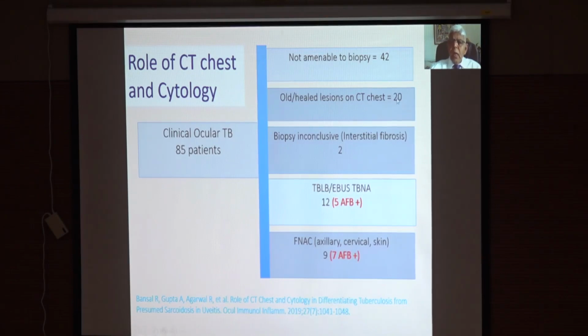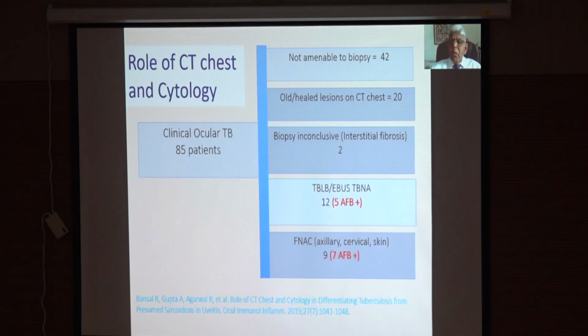Of the remaining, again, roughly half had lesions which were suggestive of some old pathology. They were basically scarred lymph nodes. They did not reveal the active TB granuloma.